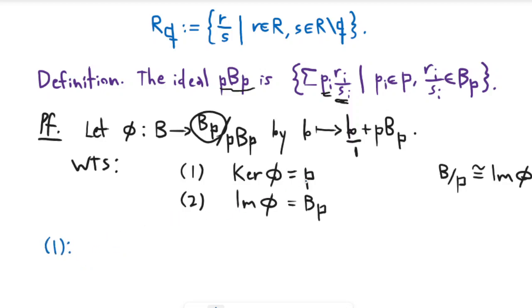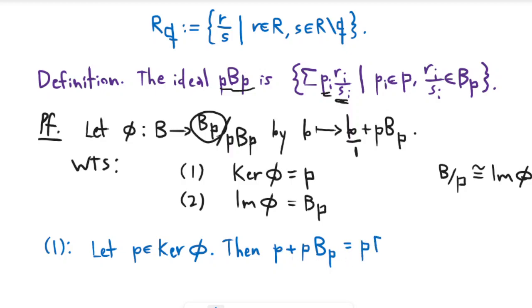So for the first claim, we want to show that the kernel of phi is equal to P. So we're actually going to start by assuming that P is an element of the kernel of phi. Okay, so then by definition, phi of P is equal to 0, which in the case of this quotient ring just means that this coset is equal to pBP, right?